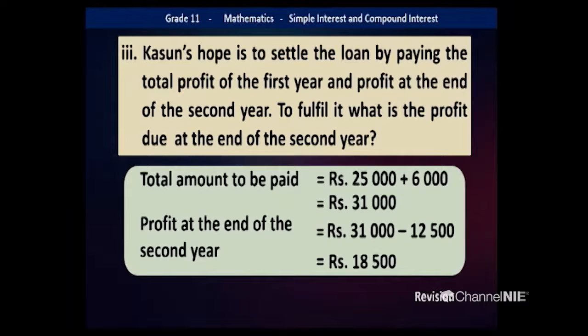But to fulfill it, what is the profit due? It should be 18,500. If you want to settle the loan, the first year is 12,500, so the remaining amount should be collected from the second year. Then the second year interest or profit should be 18,500. But you can remember, he didn't get it. However, the answer for the third question is rupees 18,500.